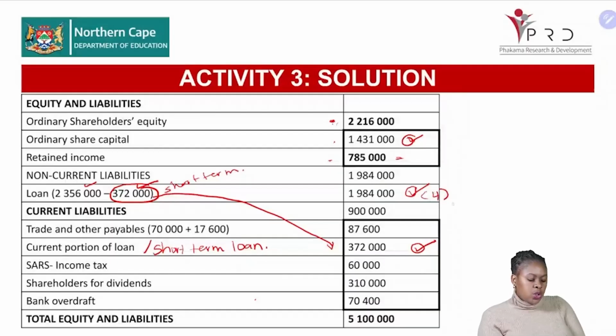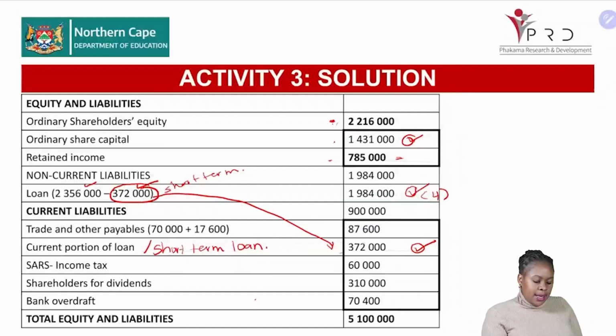So out of the 4 marks, you are walking away with 2 because you knew that you had to take the loan amount that we owe currently and subtract something in order to get this value. And then you also knew that whatever that we subtracted is what we are paying in the next 12 months. So then you will classify it under your current liabilities and move it to your short-term loan aspect. Okay, so that is the loan situation.